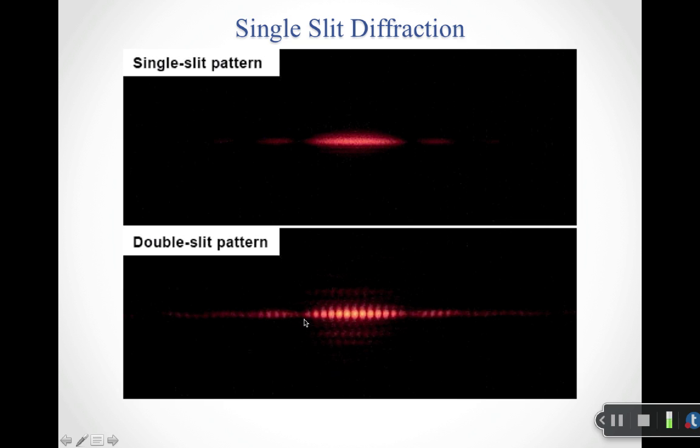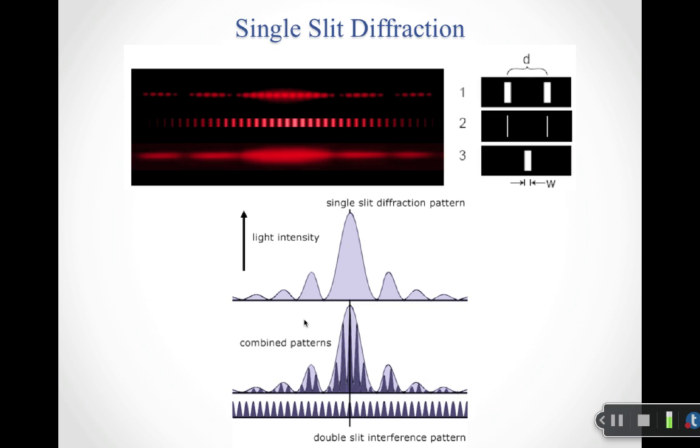There are 3 ways that you can see what's going on in dealing with slits. One is you can have a single slit with width, and you get your diffraction pattern. I can have 2 slits, and depending on how wide I make the slits, it'll be easier to see the diffraction pattern or not. Here, if I have a relatively wide slit, the diffraction pattern is easy to see.